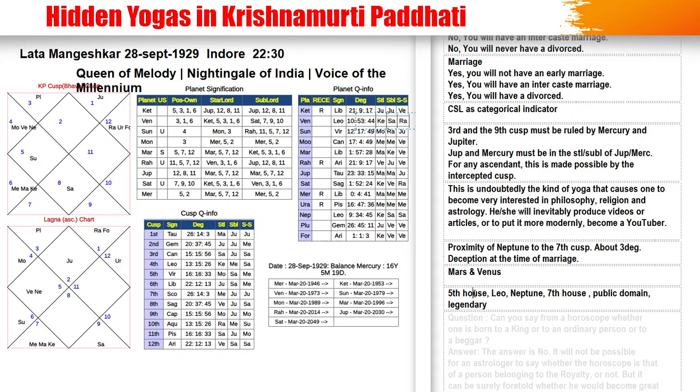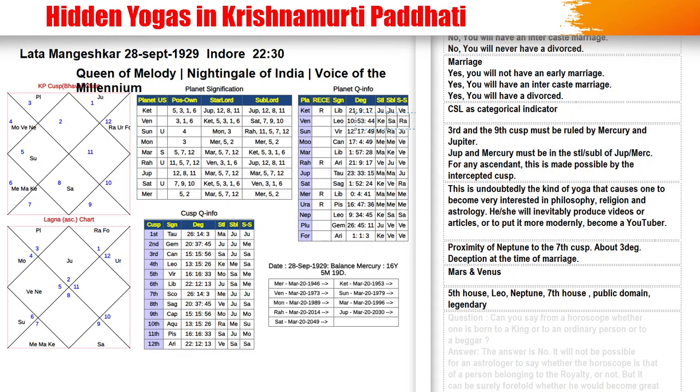Also, in one of my videos I had pointed out that the seventh house is very important for someone to get a legendary status. The first house will make a person famous, but it will not make a person a legend. For somebody to become a legend in the timeline of history, the role of the seventh house has to be there.